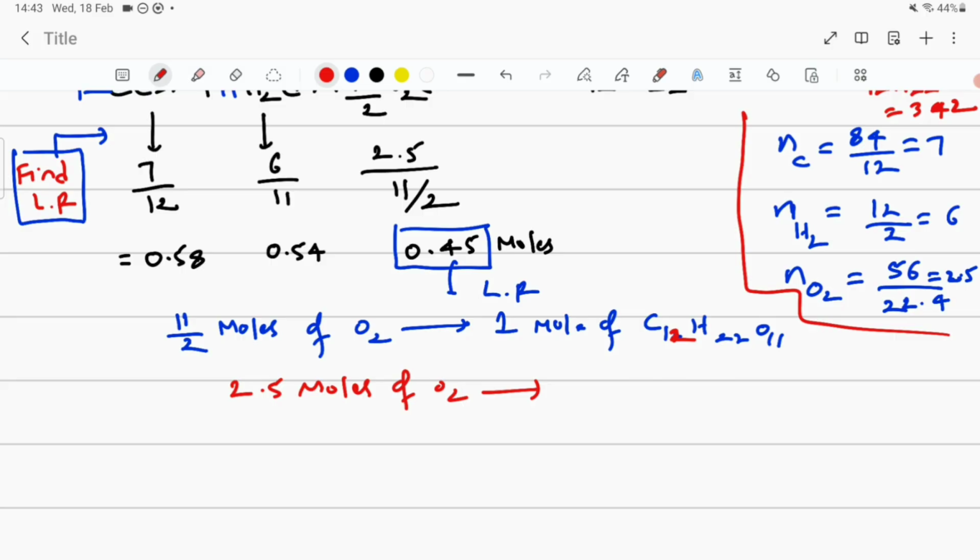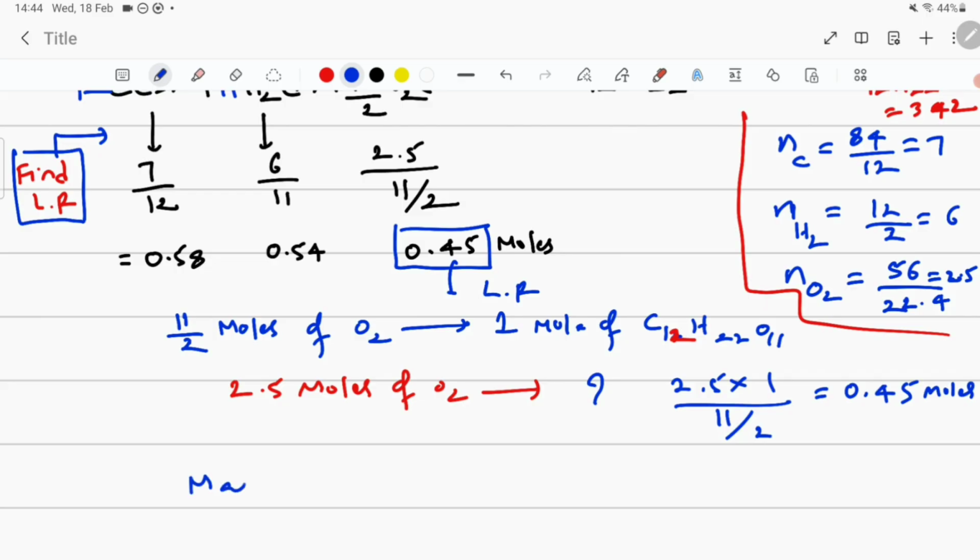So what we need to do in the calculation here: first, how many moles you will get. So here, 2.5 into 1 by 11.2, you can say 11 by 2, which is equal to 0.45 moles.